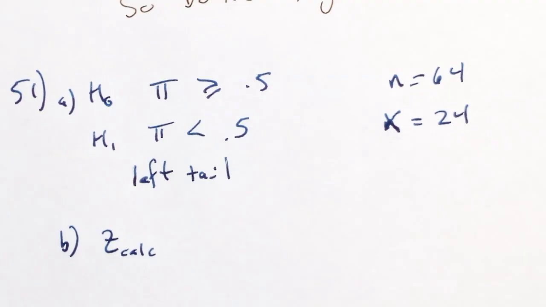The textbook actually asks me, find the p-value. So I'm not even looking up a critical value yet. I just want to find the p-value and make the decision that way. That's what the part in the textbook says. Find the p-value.